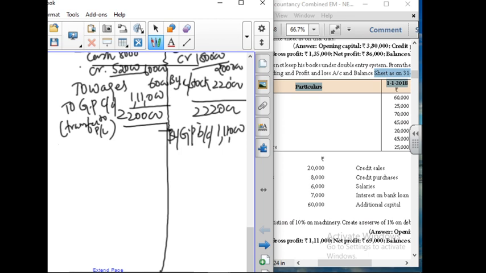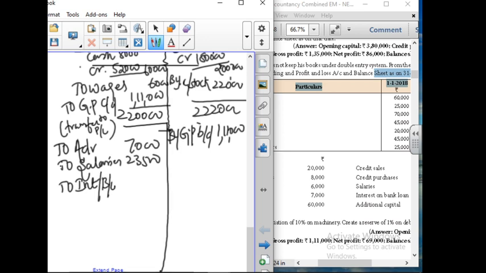Next is To advertisement 7,000, and To salaries 23,500, and To interest on bank loan. Just keep it in mind: bank loan will go to the balance sheet under the liabilities. Interest on bank loan will come under the debit side of the profit and loss account.